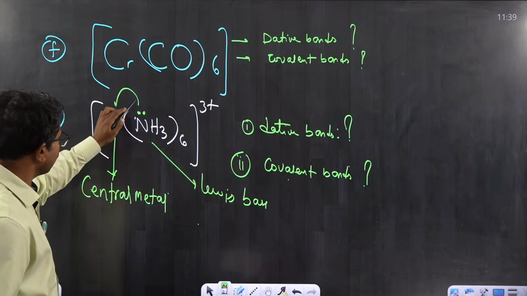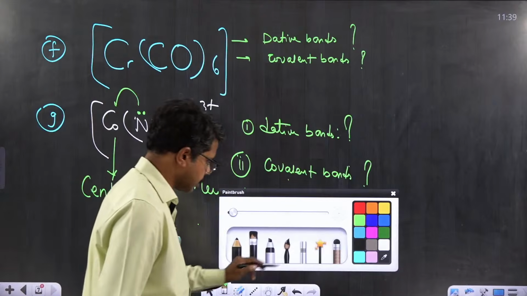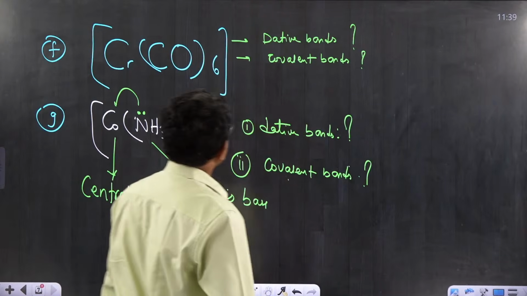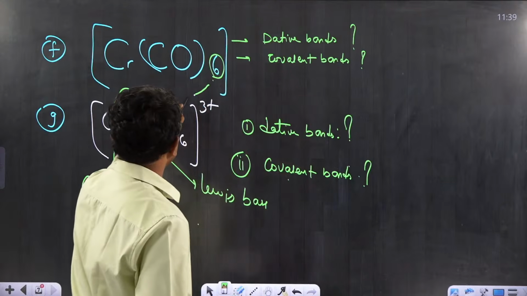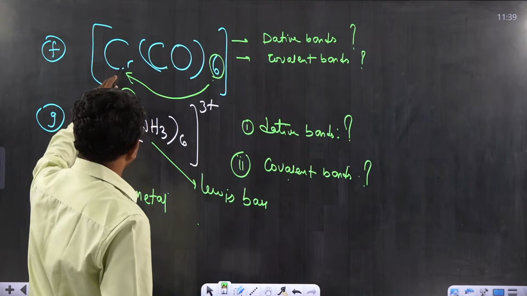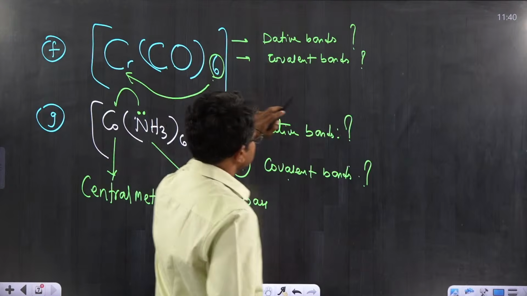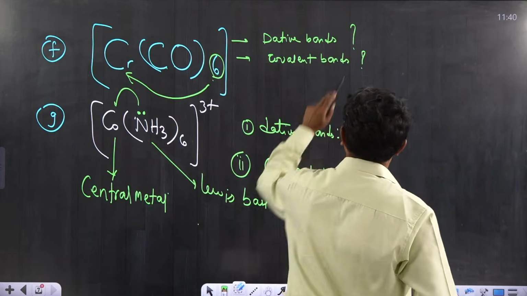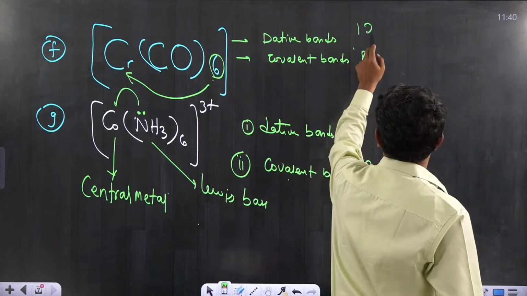The lone pairs are donated to the species which has vacant orbitals. Now tell me, students, here total number of dative bonds. So here 6 bonds are between the carbonyl group, carbon monoxide group, and chromium, and within each CO we have 6 dative bonds. In total the number of dative bonds in the given compound is 12.